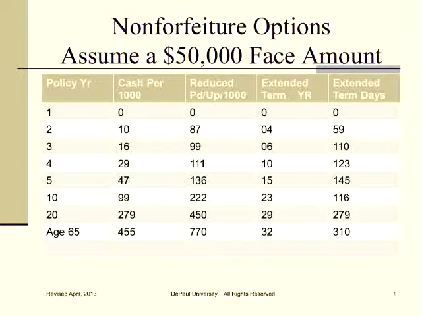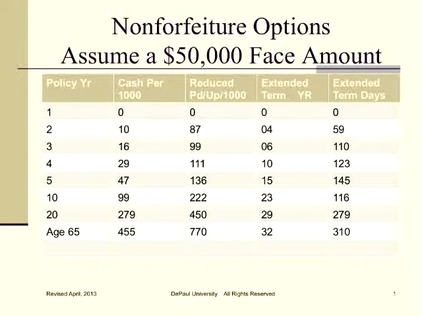And what it says here is we are going to guarantee and know how much cash we have in the contract, how much insurance we paid for in any given year in the contract, and if we want to maintain it either as a reduced paid up policy, that's what we paid for, or turn it into a term contract, how does it work? So on this slide, non-forfeiture options, assuming a $50,000 face amount.